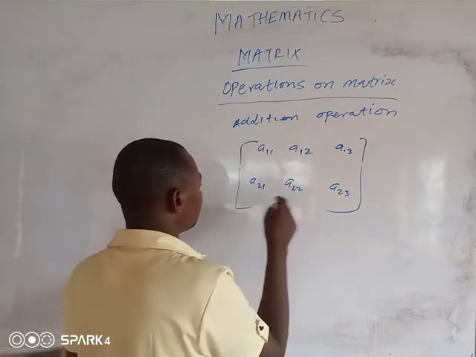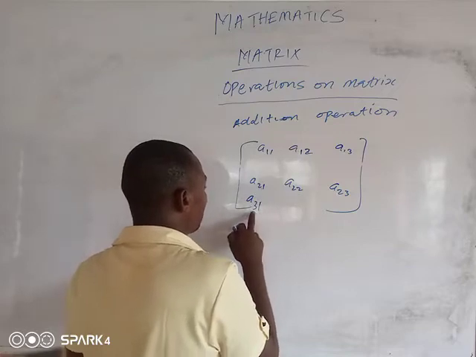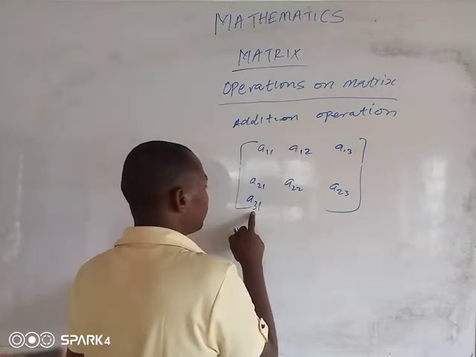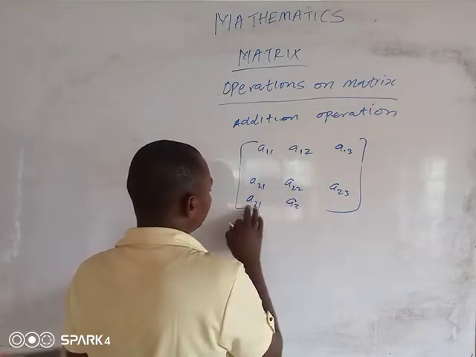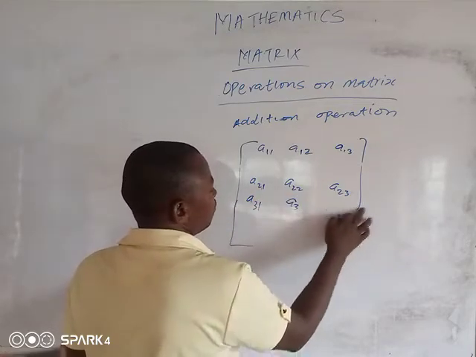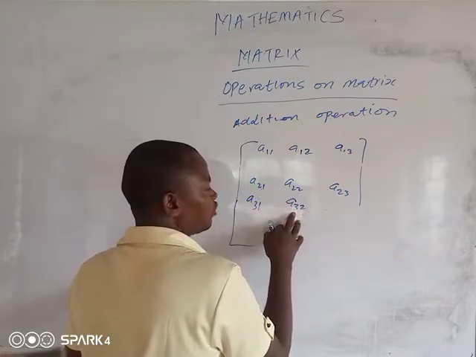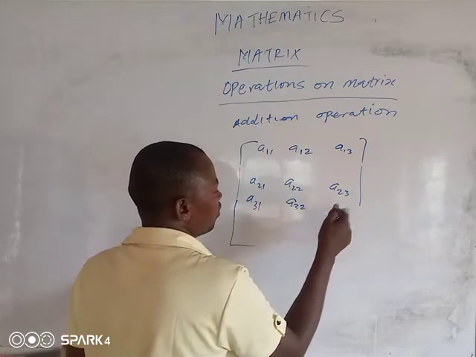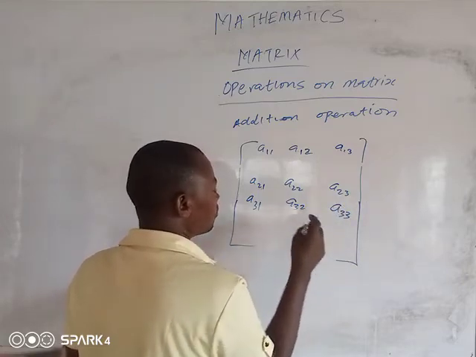So we have A31, third row, first column. We have A32, third row, second column. We have A33, third row, third column.